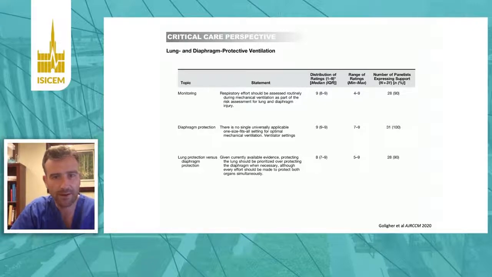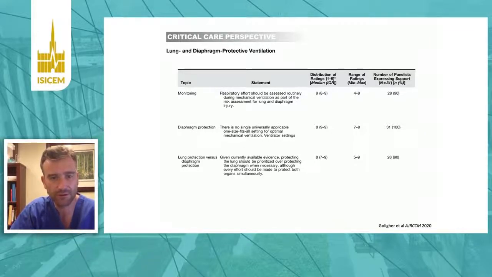So in this position statement that we published in the Blue Journal, I want to just represent three of the key statements on which there is a high level of consensus amongst panelists participating in the conference. This was an expert conference organized by the Pleural Pressure Working Group of the ESICM over a year ago, and we had over 30 panelists who rated various position statements after our meeting.